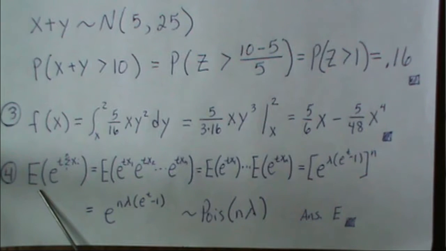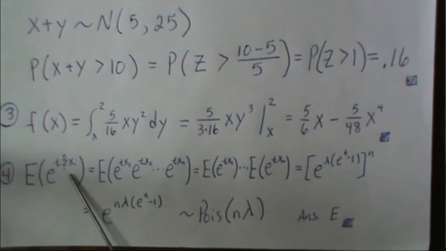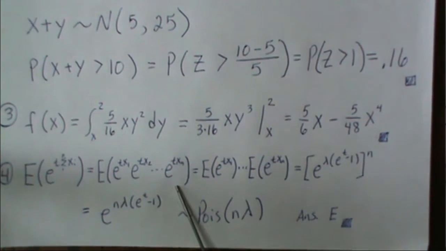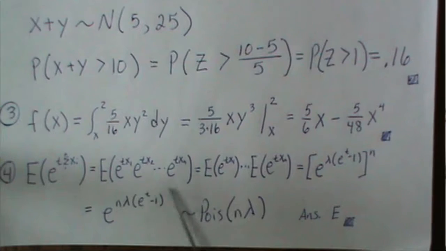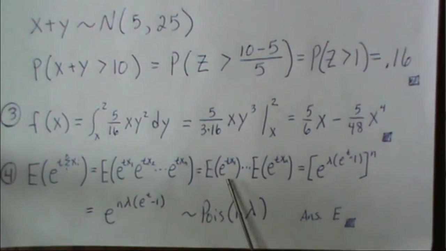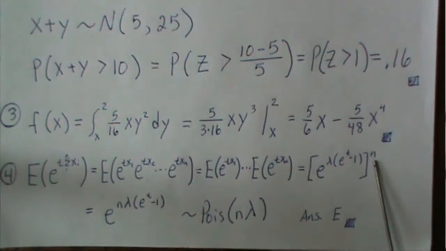And so the moment generating function of the sum is this, but this sum can be broken into the product. And since each of those are independent, we can break it up, the product of these expectations. And one of those is going to be the same, so we can just take one of it and then raise it to the nth power.